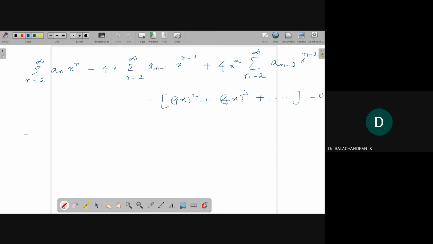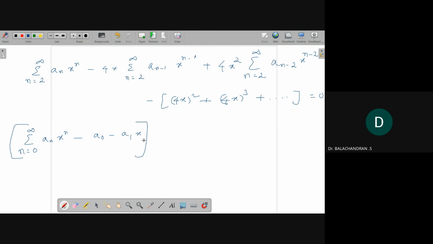Suppose I write this one as summation n equal to 0 to infinity an x power n. Then I need to subtract the first terms, that is a naught minus a1 x.